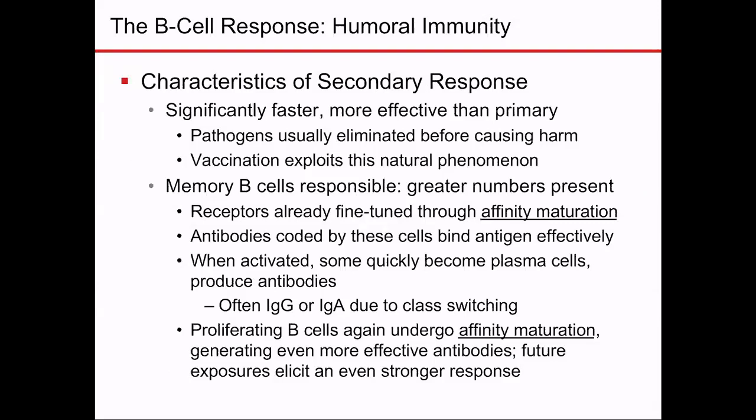The reason for this is that there are now memory B cells from the primary response circulating, which will be responsible for that greater number of cells that can be quickly activated, proliferate, differentiate, and start to produce more of that antibody. So in a few words, the secondary response is faster and stronger than the primary response.